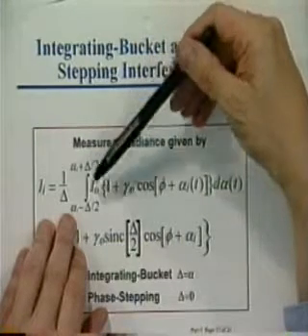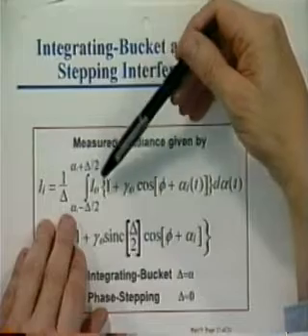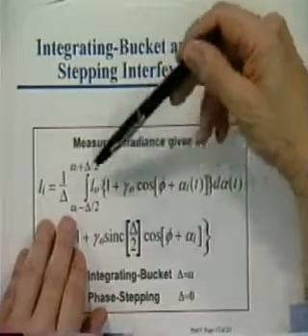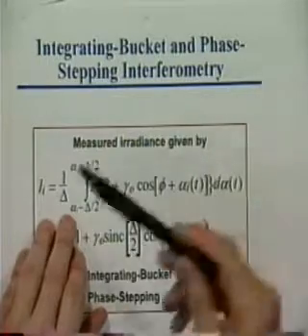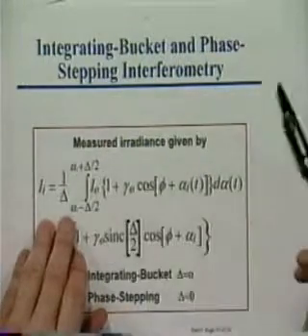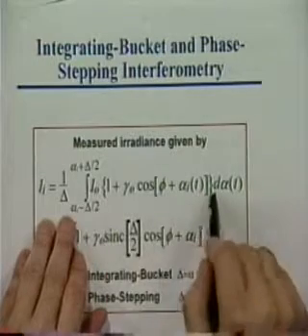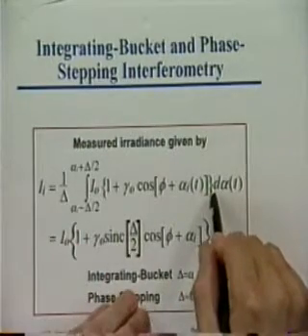For our example here, delta would be equal to, say, 90 degrees. So we would integrate this as the phase changes by 90 degrees, and then divide through by delta and normalize it.